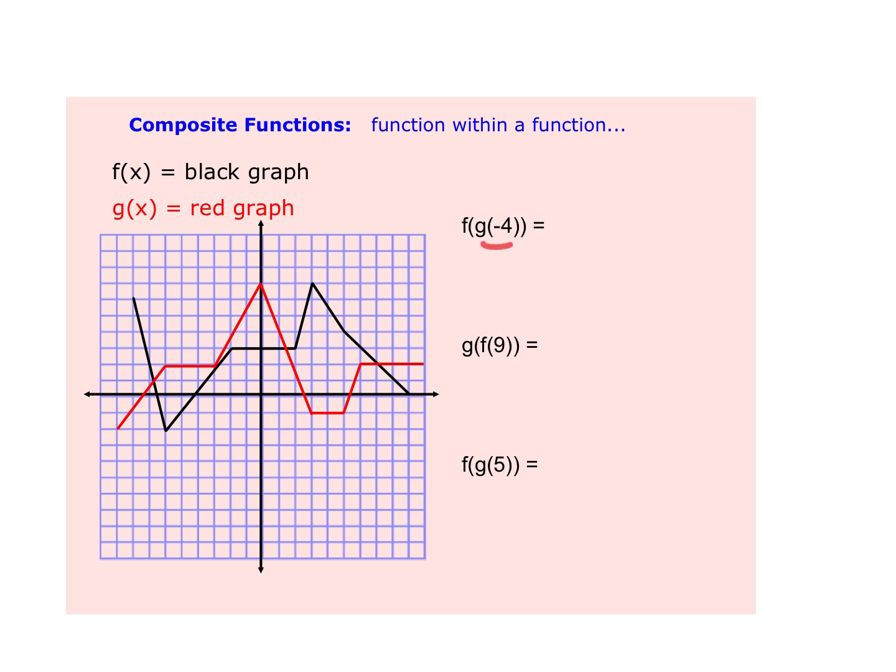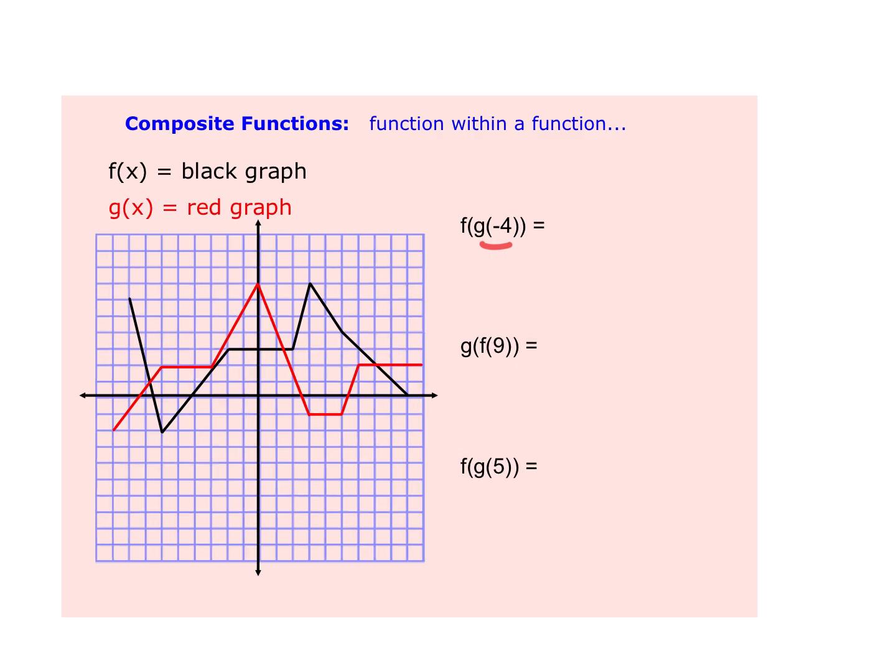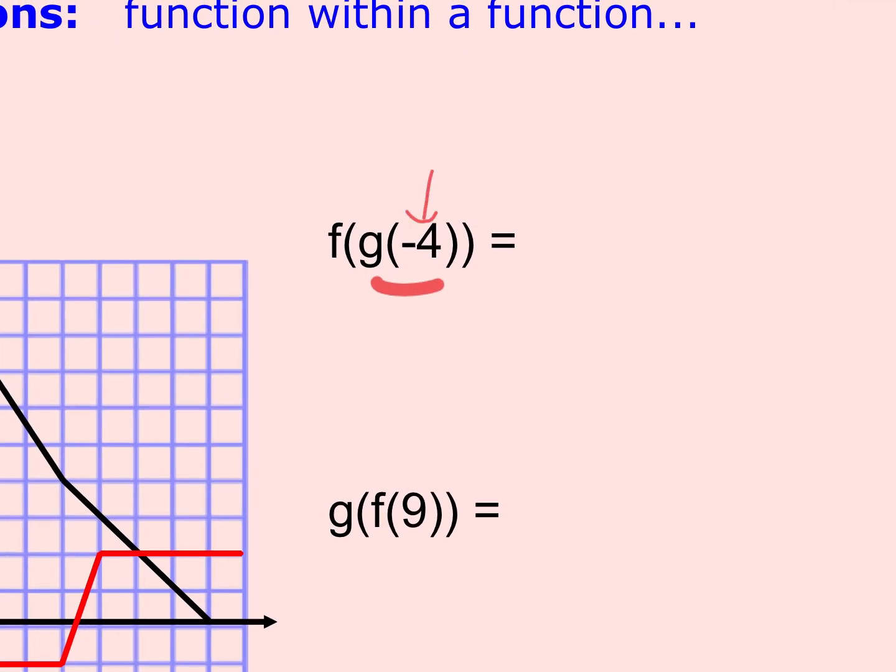Start here. G of -4. Would you agree G is the red one? Sure. So G's the red one. So we're only going to look at the red one. Just ignore the black graph. Just look at the red one and find that is where the x goes.